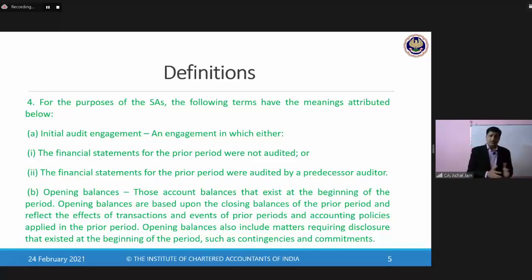This is the first scenario. Or the financial statements for the prior period were audited by a predecessor auditor. Means the auditor in the previous year was a different one, and that's why we have a new auditor now in the current year.